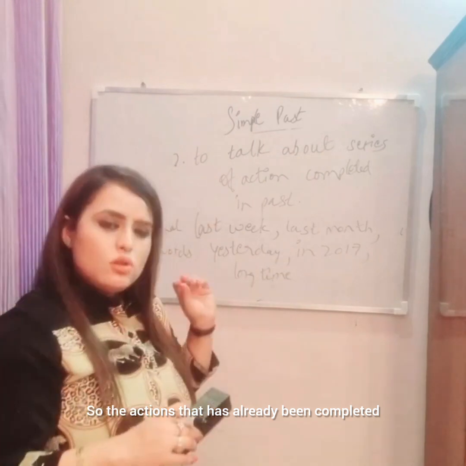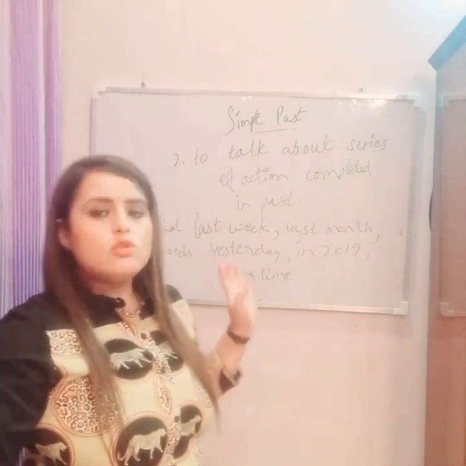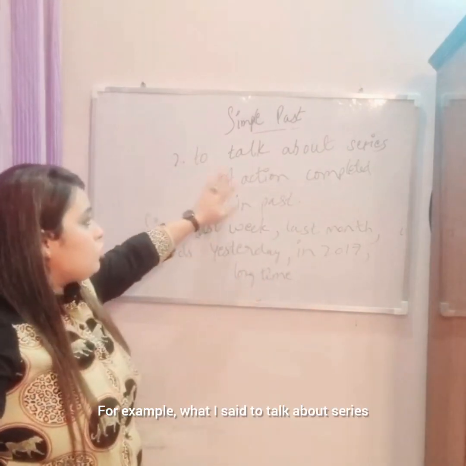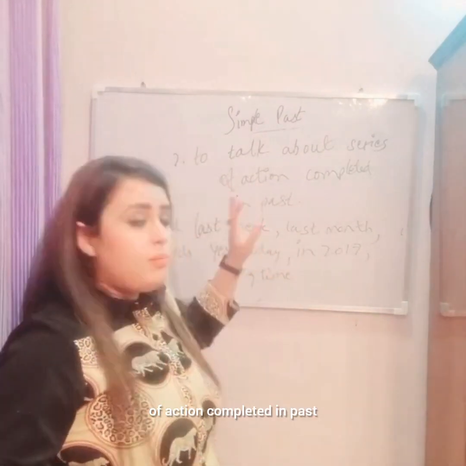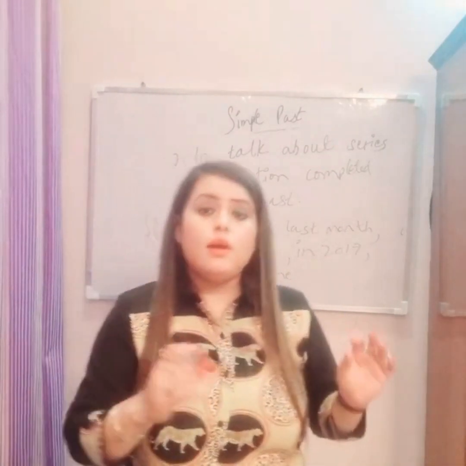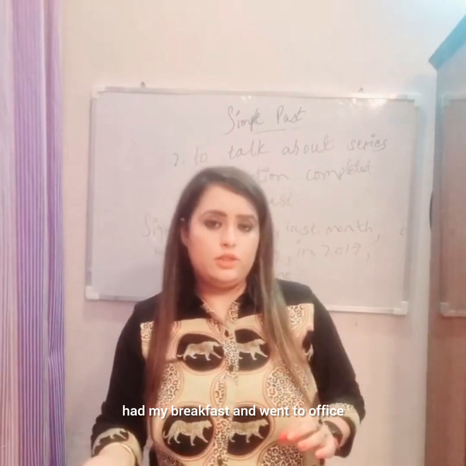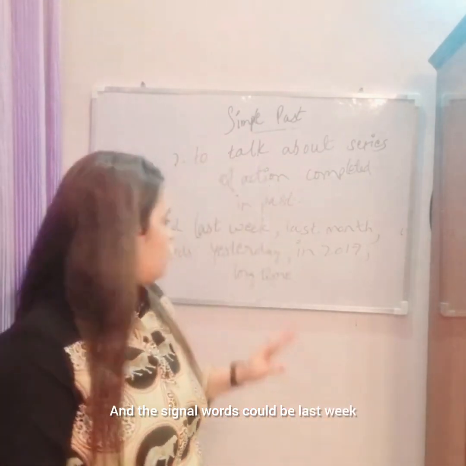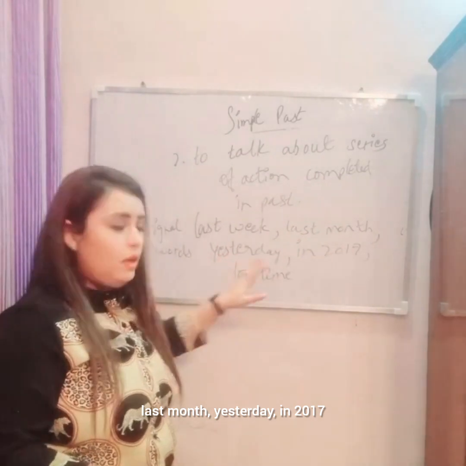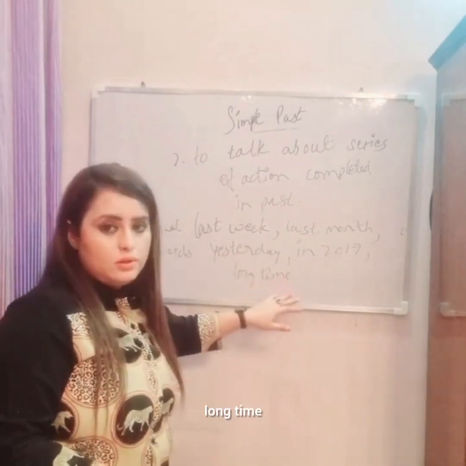So the actions that have already been completed, there we will be using simple past tense. For example, to talk about a series of actions completed in past: I woke up, had my breakfast, and went to office. And the signal words could be last week, last month, yesterday, in 2017, long time.